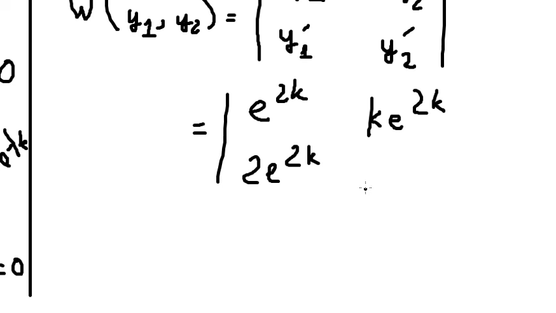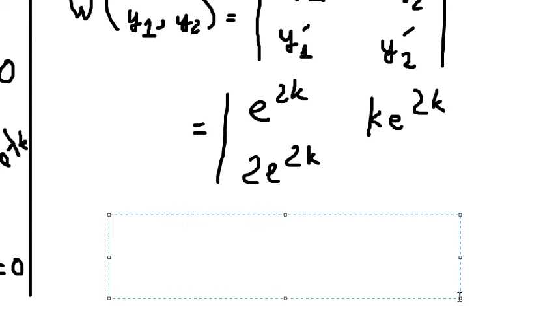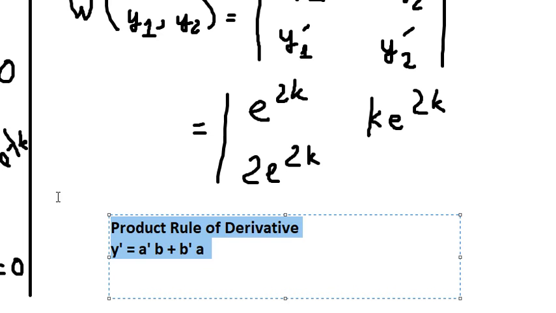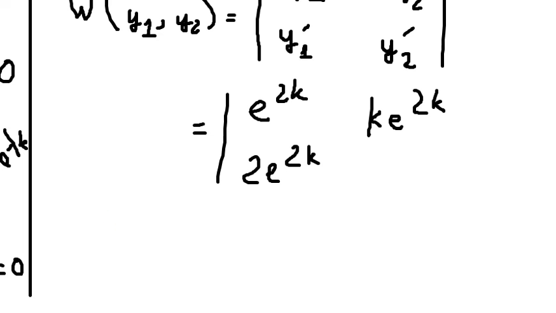For this one, we need to do the product rule of derivative. So we do the first derivative of k, and we have 1. Later we do the first derivative of this one, and we have 2e to the power of 2k.